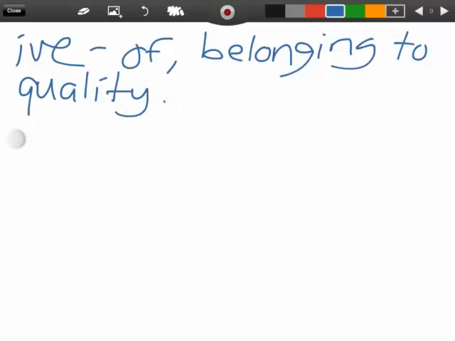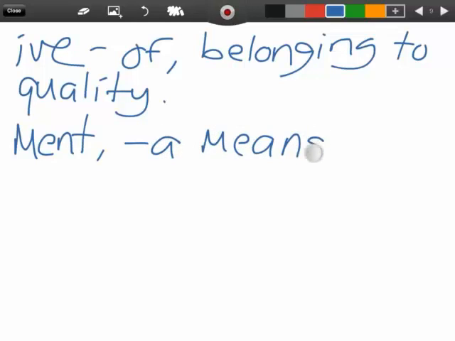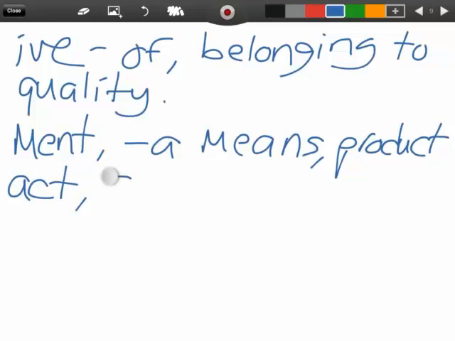Moving on to my next suffix is ment. Ment means a means, product, act, or state.